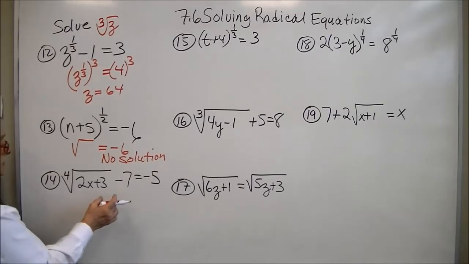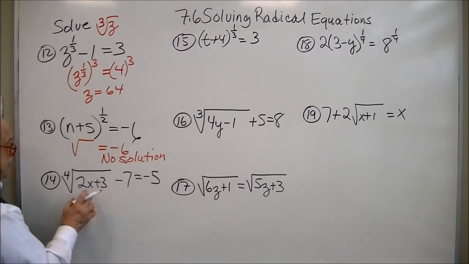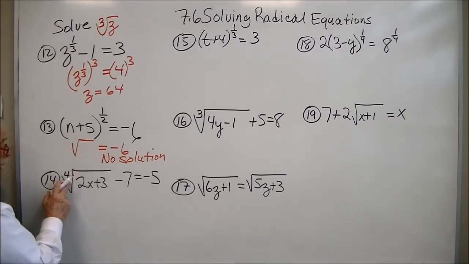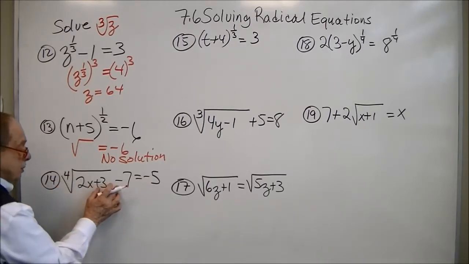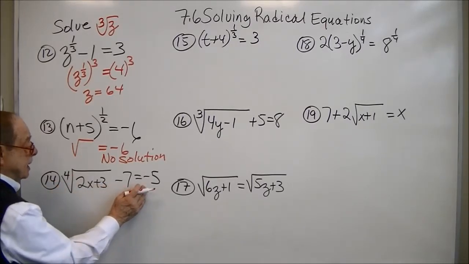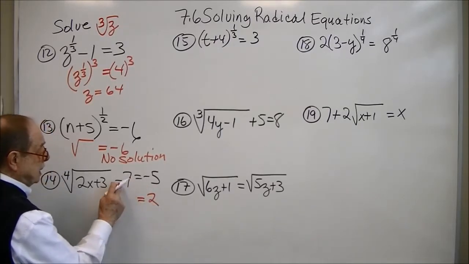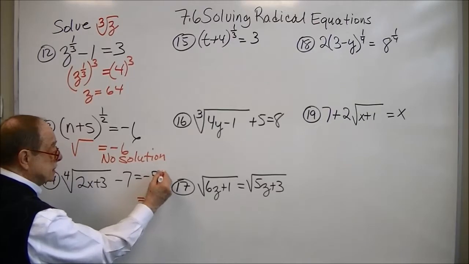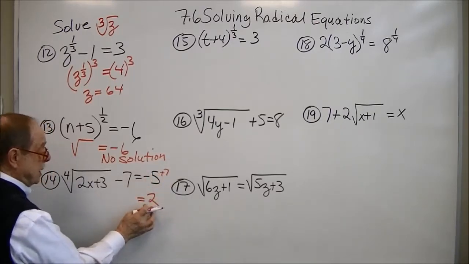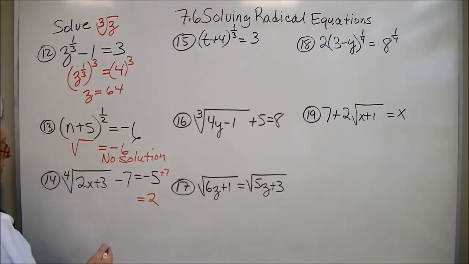All right, in this case, again, you have to be a little careful. It is an even index number, but when you bring the -7 to the other side, this then becomes a 2. -7 plus 7 gives you a +2, and you can have that.